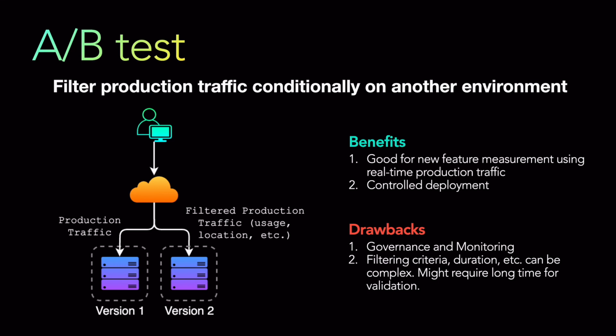So now what happens if all the users fall in that criteria, and at some point of time you obviously want to move 100% of your traffic to version 2, right? So that process can be very long, right, to validate that it is working for 100% of the traffic, now for all the use cases that you have built. So those are some of the drawbacks.